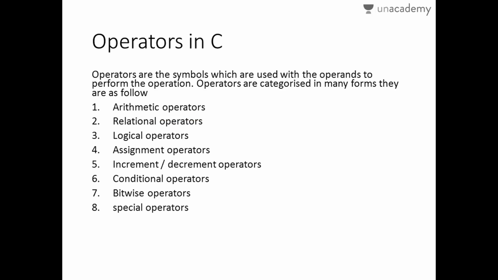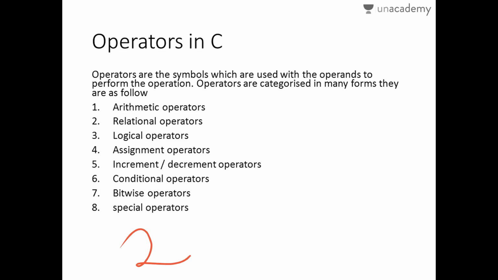Now we are going to know about operators. What are operators? Operators are basically symbols which are used with an operand to perform an operation. So in these statements, first of all, we need to know what operands are. Operands are the variables or the constants on which we are going to perform an operation with the help of an operator.